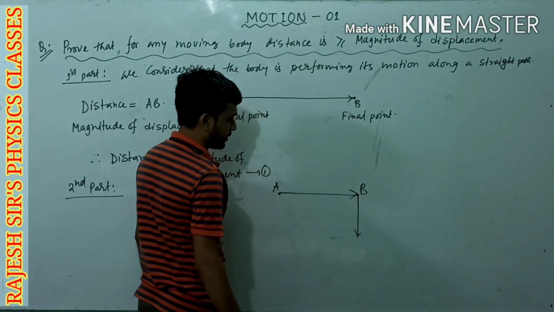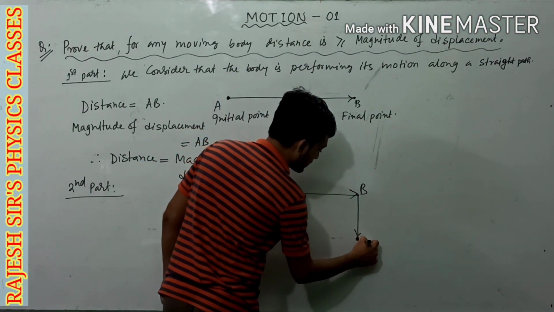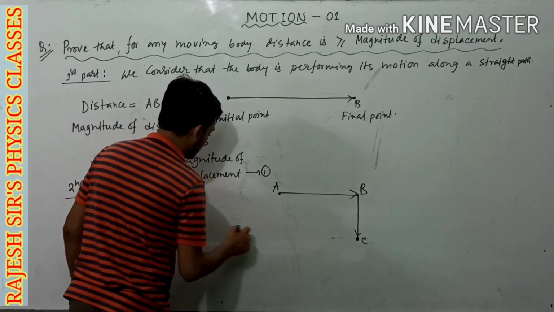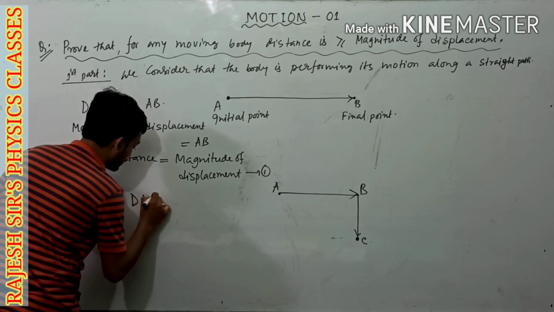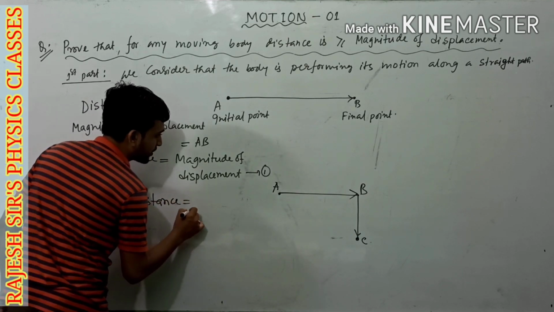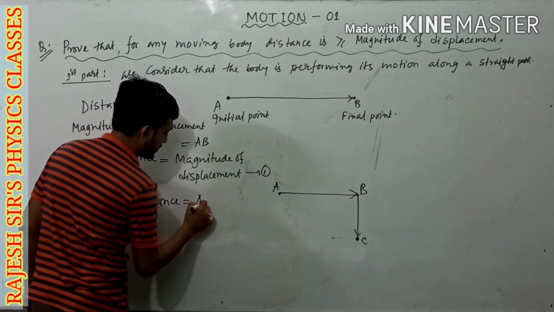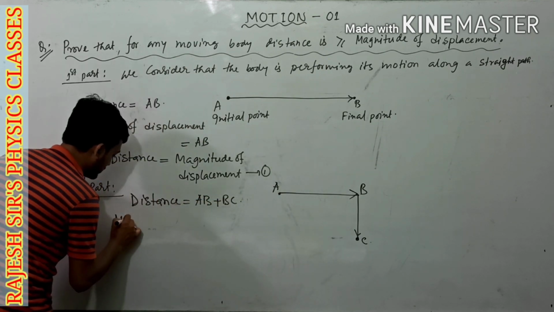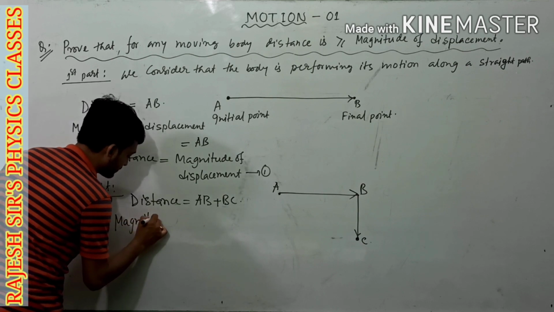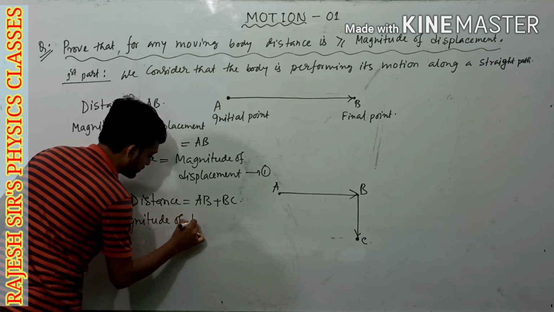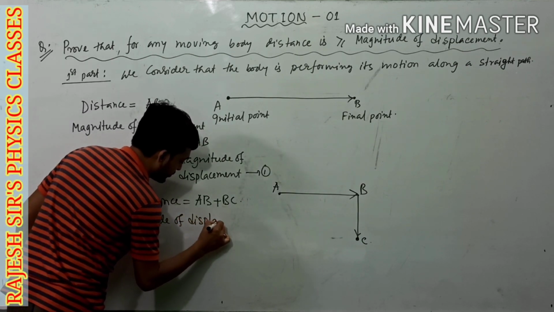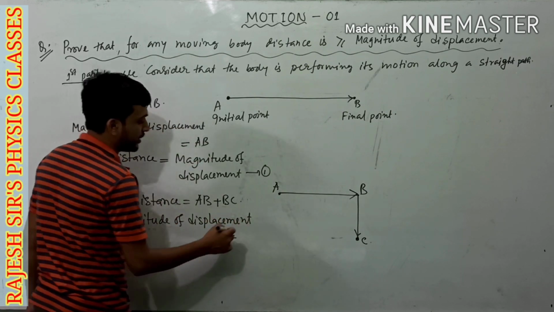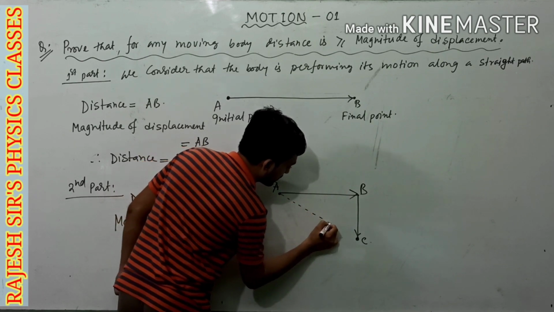Finally, it completes its journey reaching the point C. So here in this case, distance will be the length of actual path AB plus BC, and magnitude of displacement will be AC.